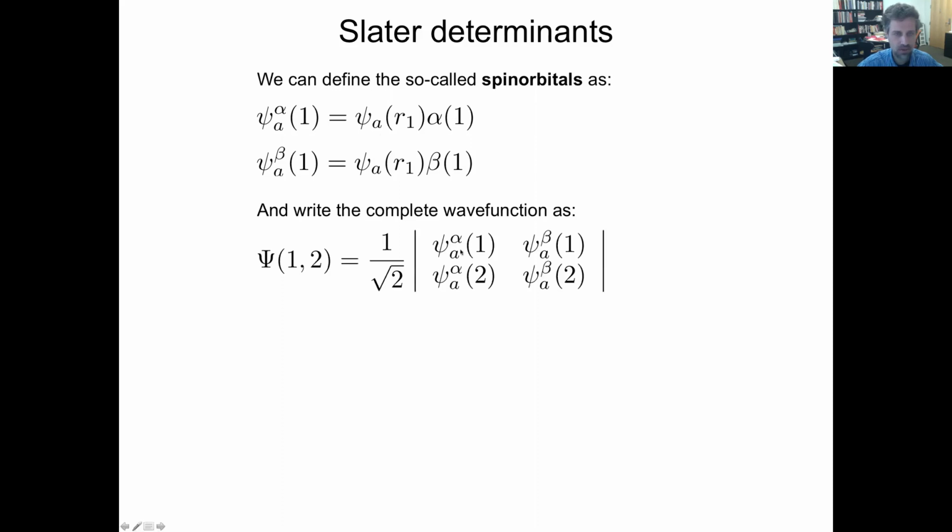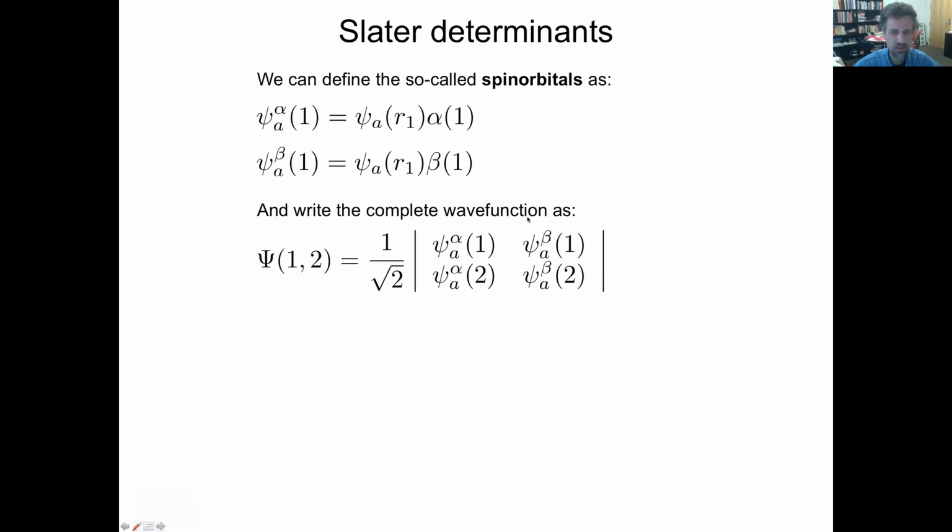So then we can write generally the following. If you have a two-particle system, the overall wave function is a function of particle one and particle two, and can in general be written as follows: 1 over square root of 2, which is the normalization constant here, and then this determinant.